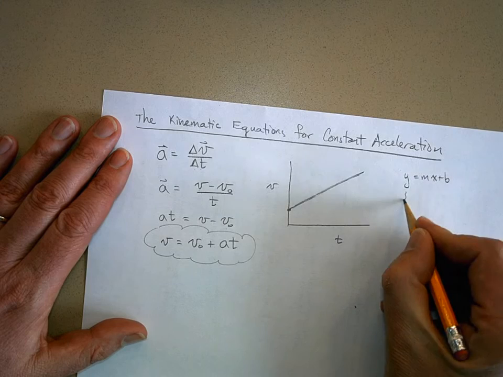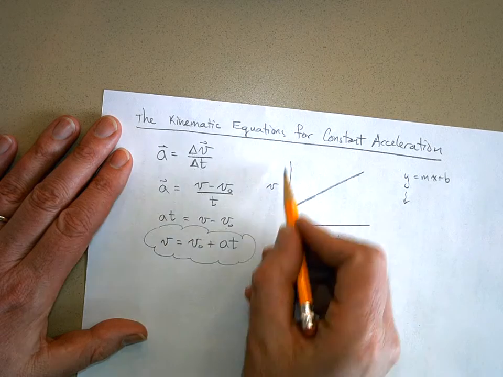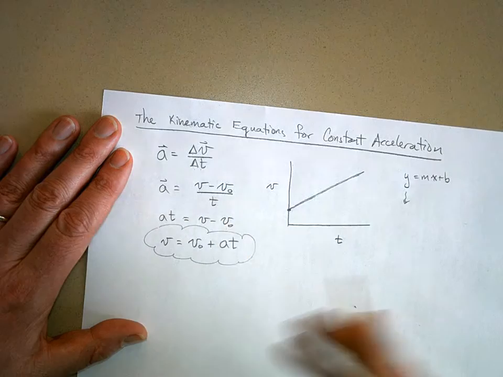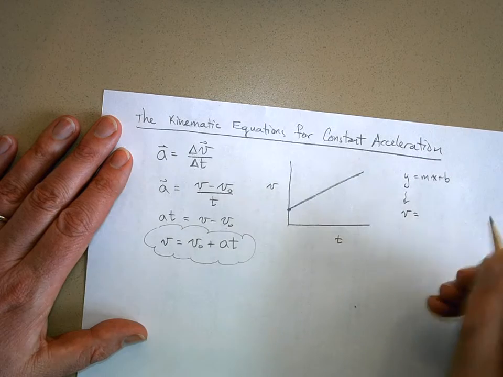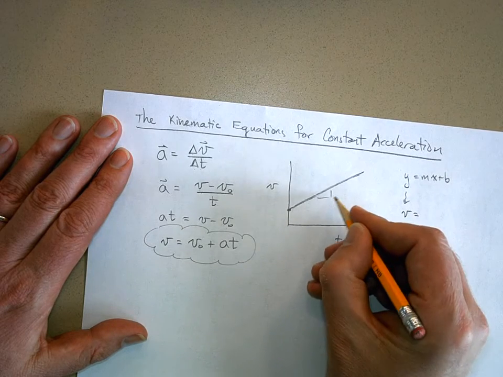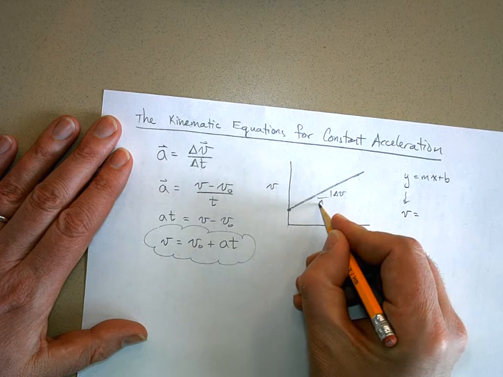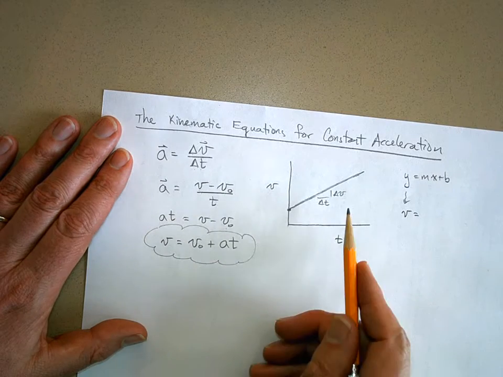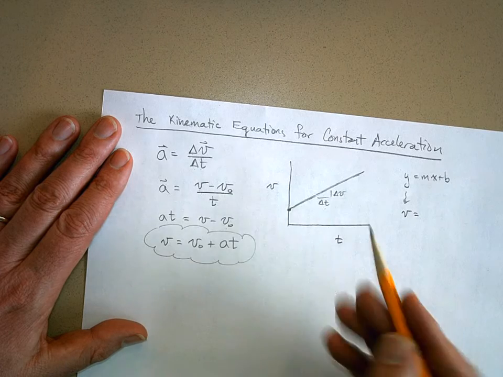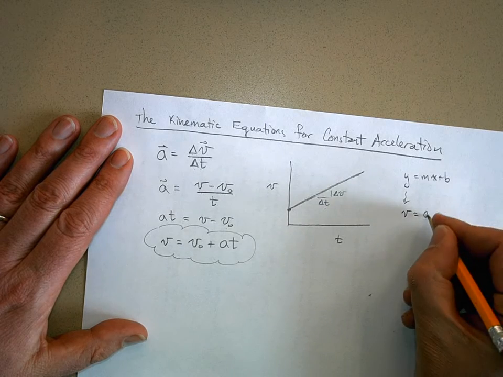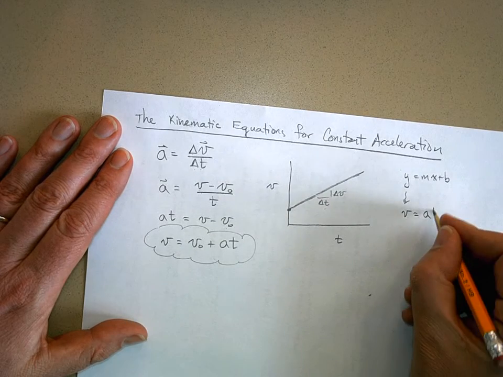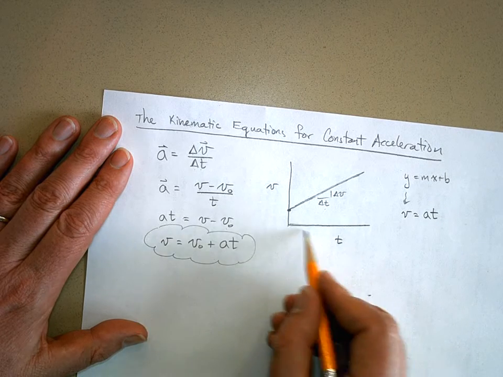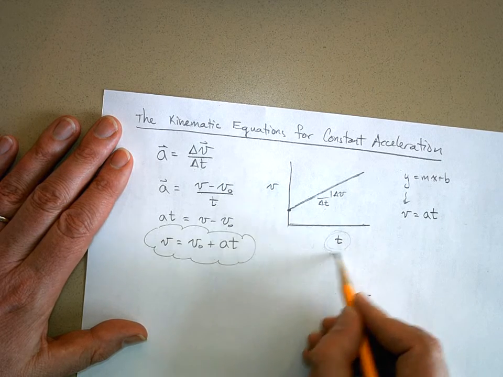Well, look at this, though. What's the y-axis here? It's not the y-axis, it's the v-axis. And what's the slope? That's delta v over delta t, right? The slope is the rise over the run. But delta v over delta t, that's just what we called acceleration. This isn't the x-axis anymore. The horizontal axis is the t-axis.